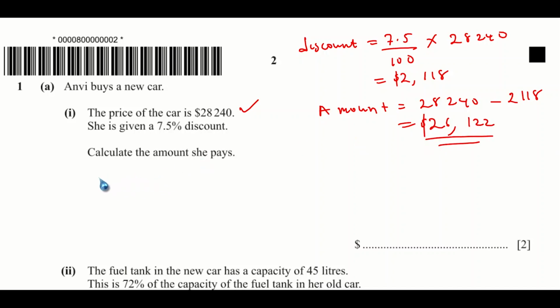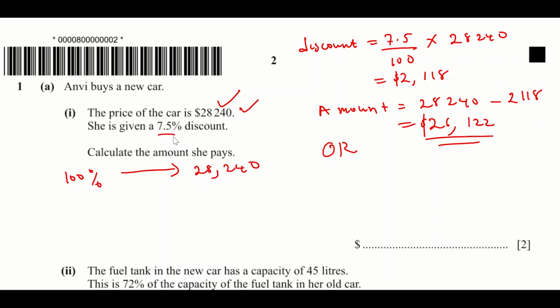You can use another method, and that will be this. The price of the car, $28,240, is at 100%. So 100% implies the cost price of the car, which is $28,240.